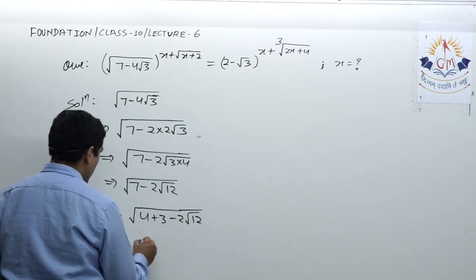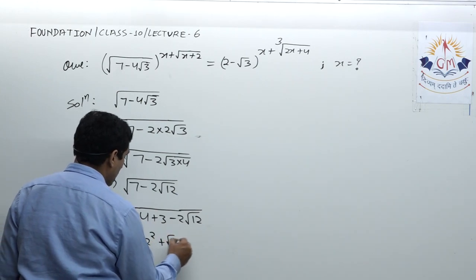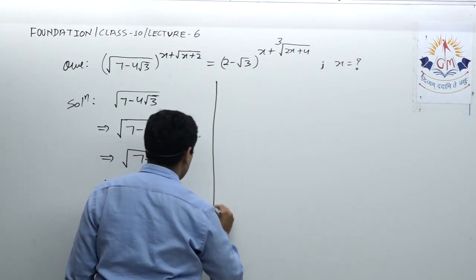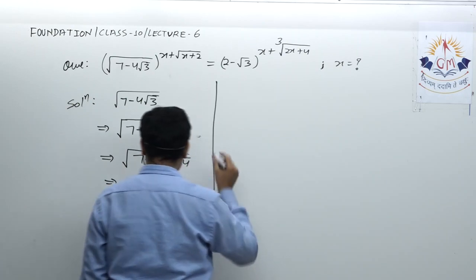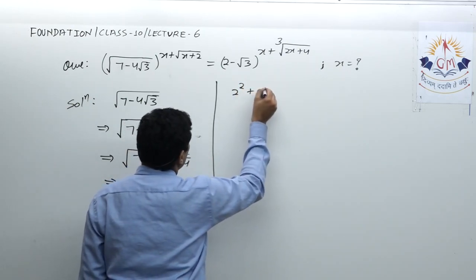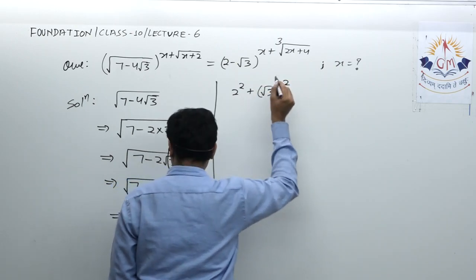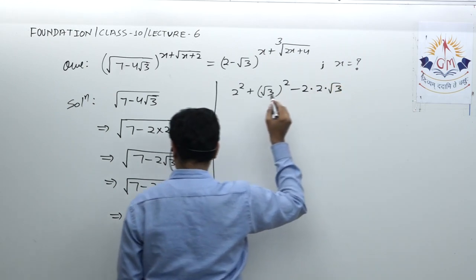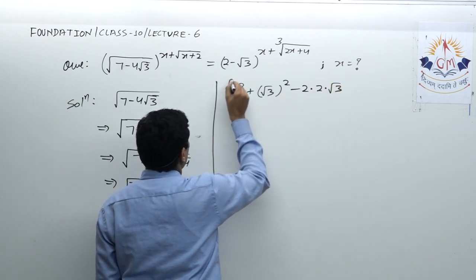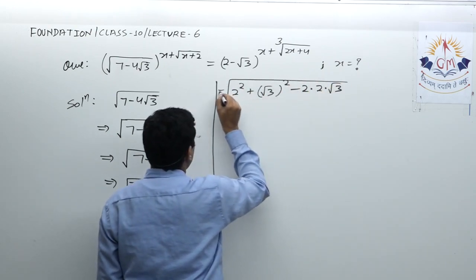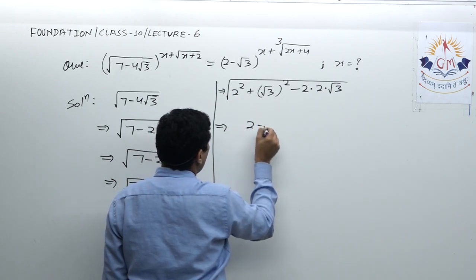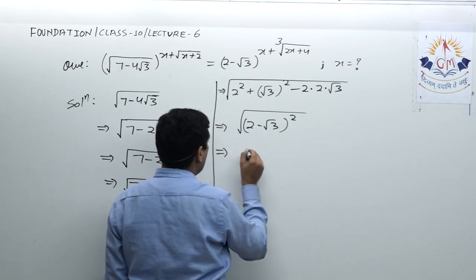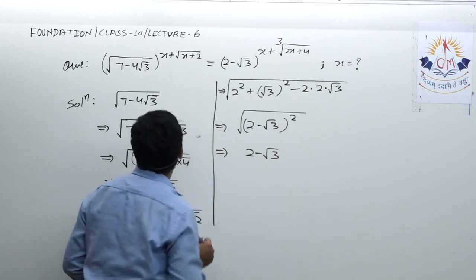So here it will become 2 square plus root 3 square minus 2 into 2 into root 3, whole square root. So this gives you 2 minus root 3 whole square and its square root. So ultimately here I will get 2 minus root 3.